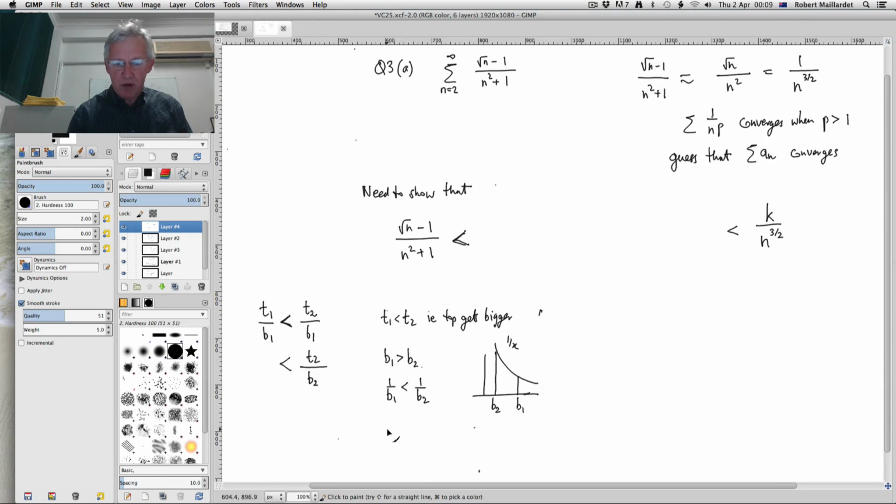And so a way of summarising that is that B1 has to be bigger than B2, i.e. the bottom gets smaller.